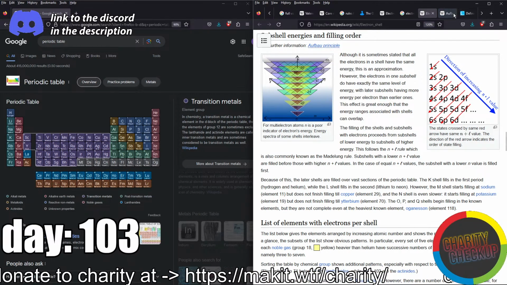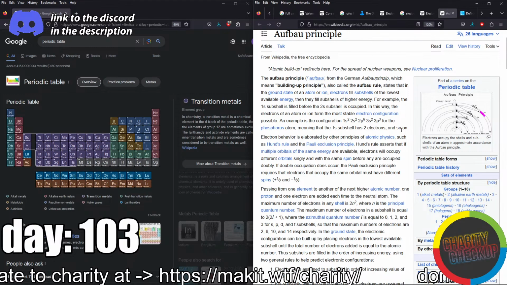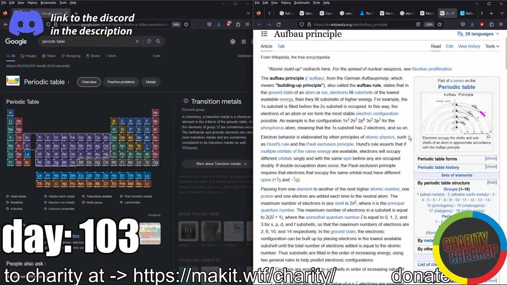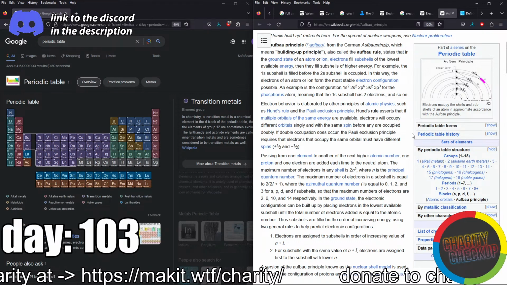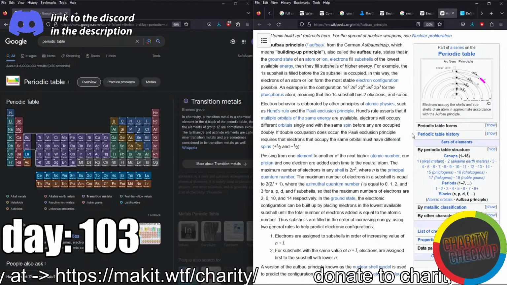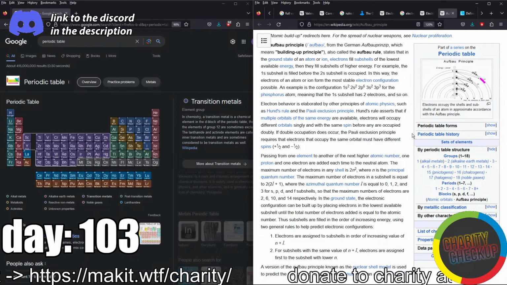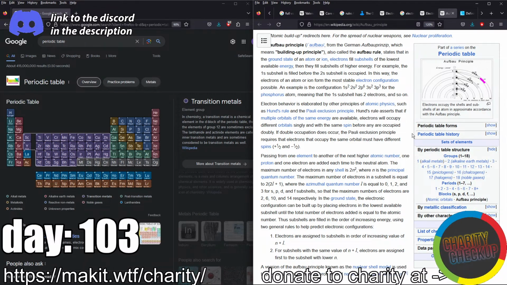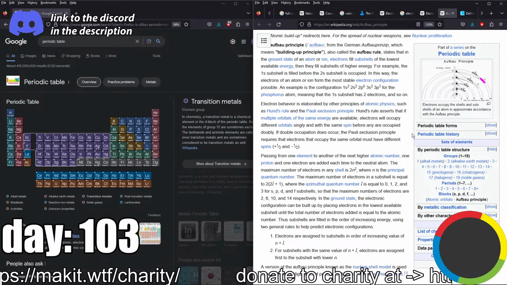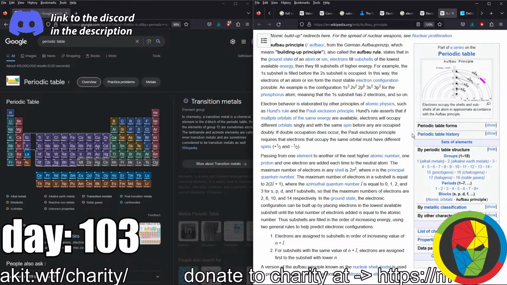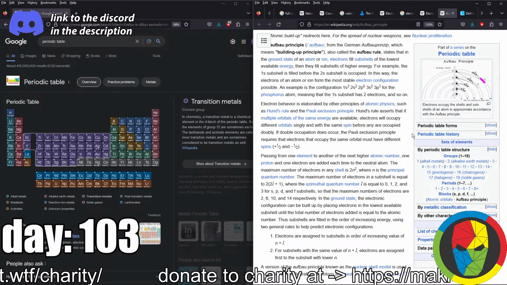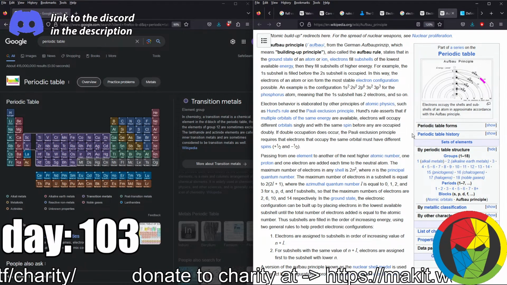Okay, Aufbau principle. Yeah, okay. So they first fill the lowest, which is reasonable. Physics likes that. Physics likes when there's no potential energy. So that's good.